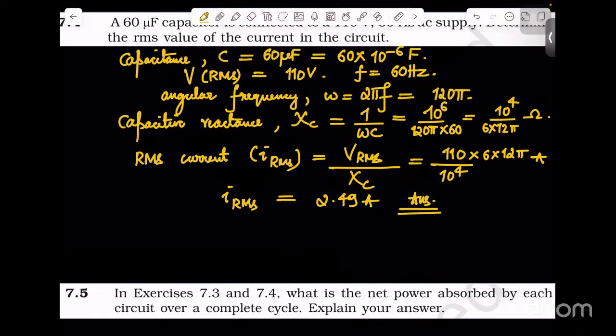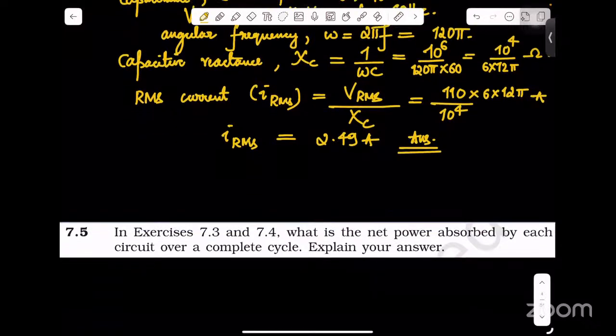Let me just summarize the formulas. The reactance for a resistor is just the resistance itself.